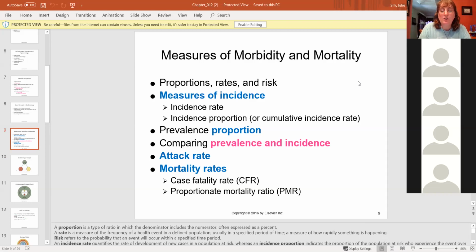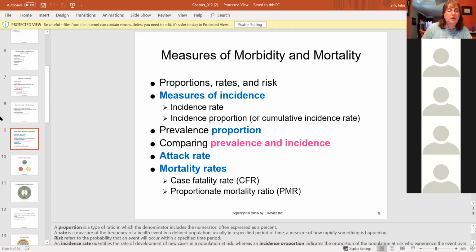They are calculated for specific groups, and there's something called a case fatality rate. This is the proportion of persons diagnosed with a particular disorder who die within a specified period of time. And then the last one is proportionate mortality ratio. This is the proportion of all deaths that are attributed to a specific cause.